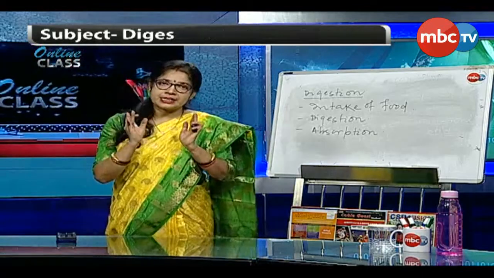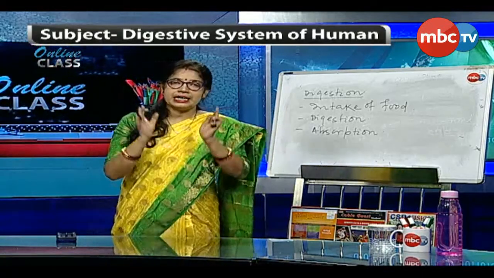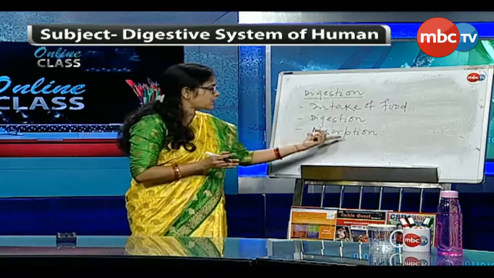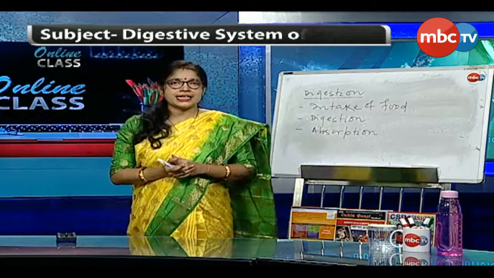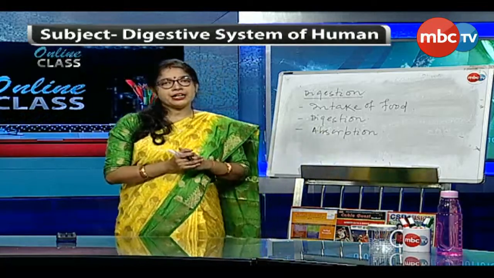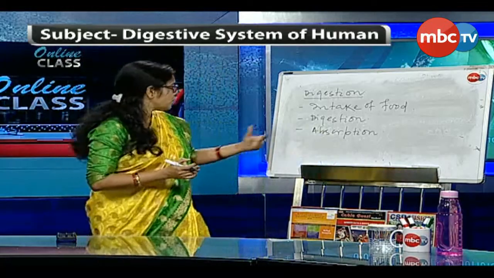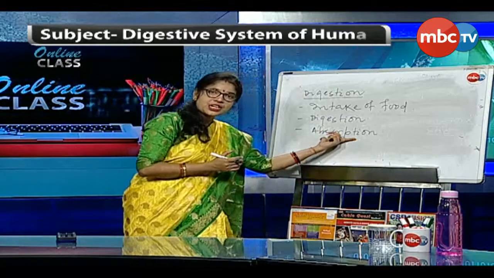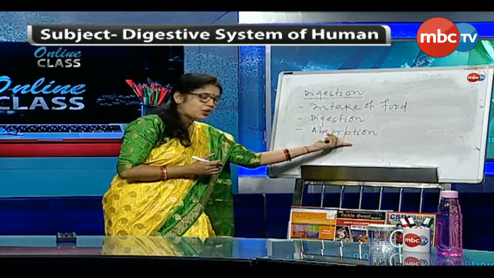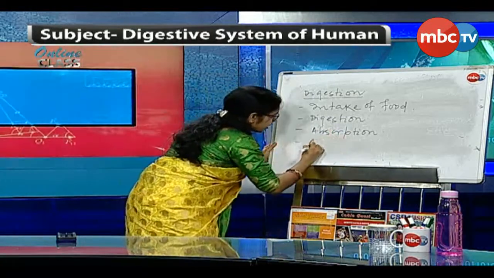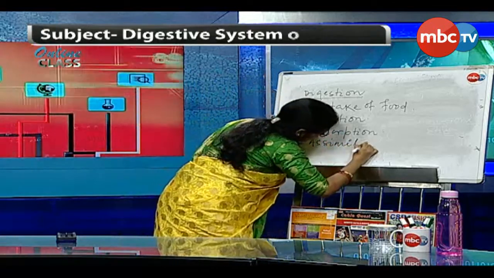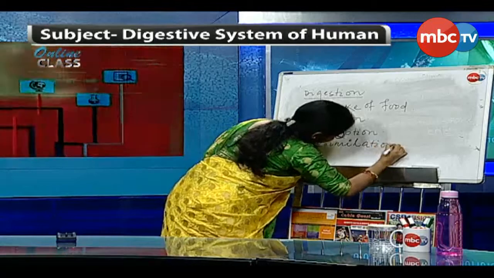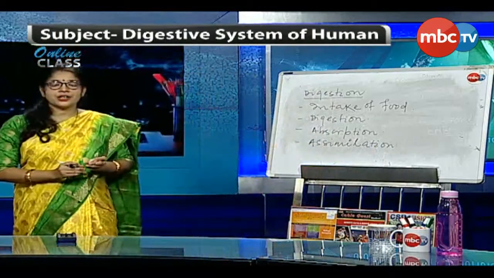Small intestine is the main part of the alimentary canal that participates during the process of absorption, because the lumen of the small intestine is provided with a number of finger like structures. So, the third step in the physiology of digestion is absorption, and the fourth one is assimilation.